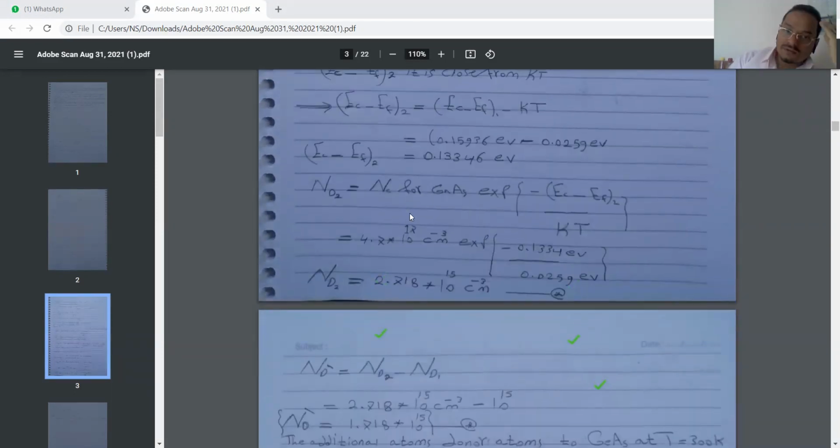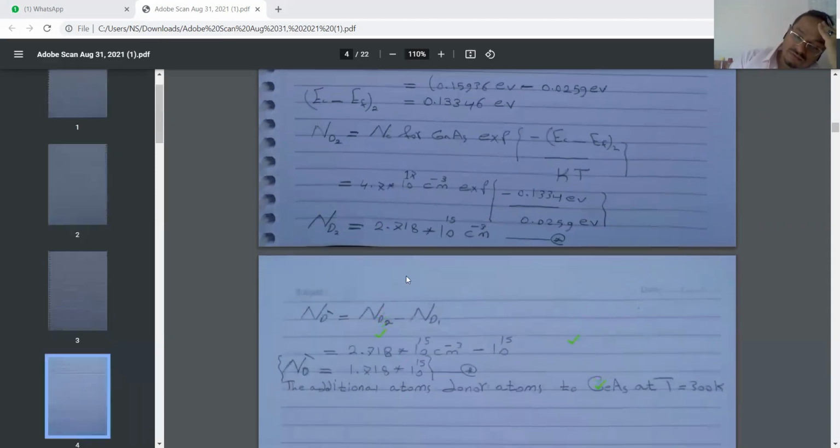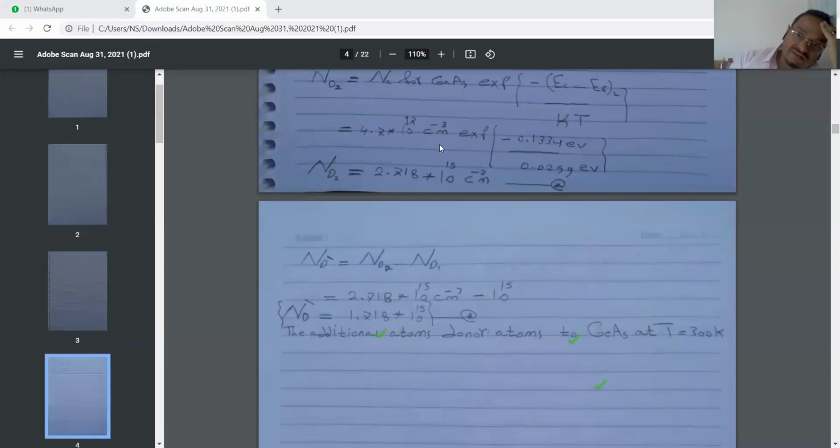By this, now we know the ND2. Put it directly in this equation. Let me use the pencil again. Put it here to find the additional donor atoms for germanium arsenide at room temperature. Thank you for your listening.